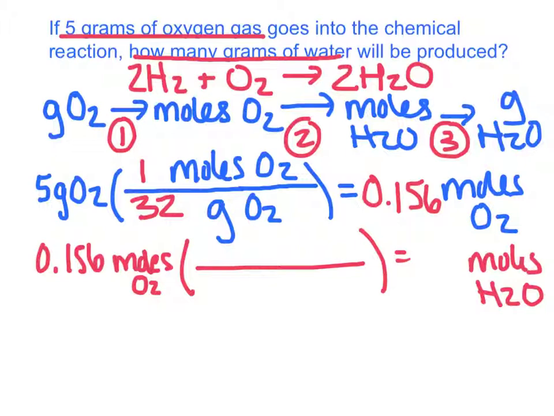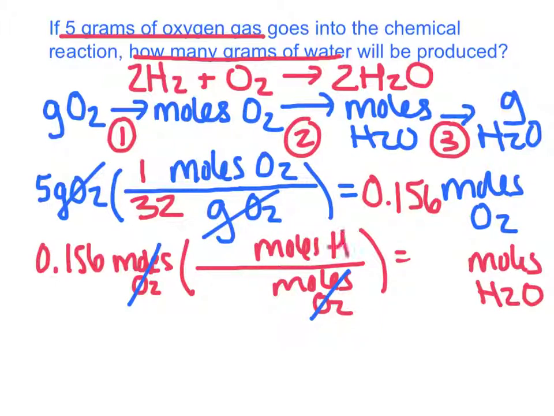We did a whole lesson on this. My first instinct is to put moles of O2 down here, because I want it to cancel out. Oh, I forgot to cancel it out up here too, okay? So you cancel out the moles of O2, and therefore, moles of H2O goes on the top.